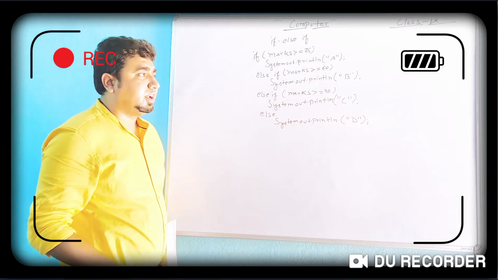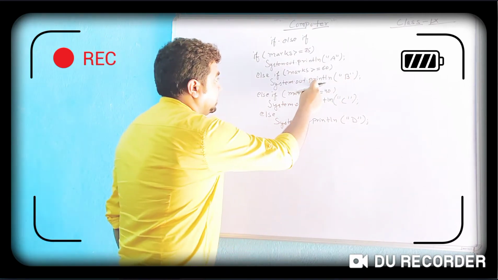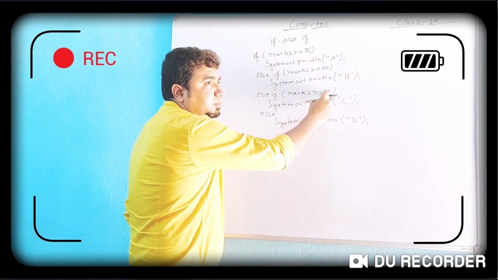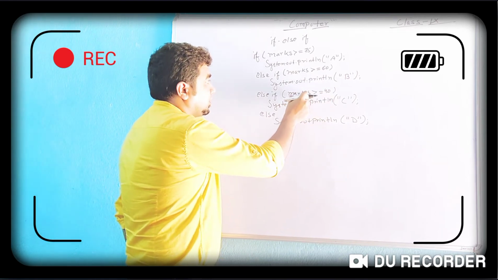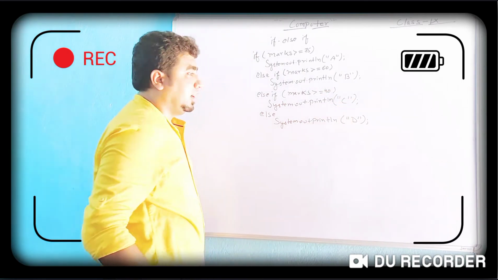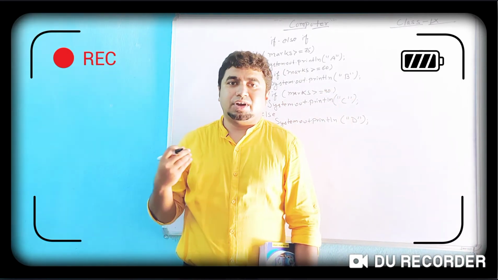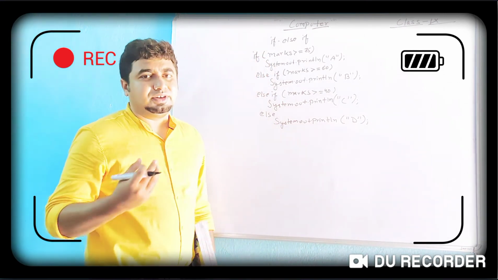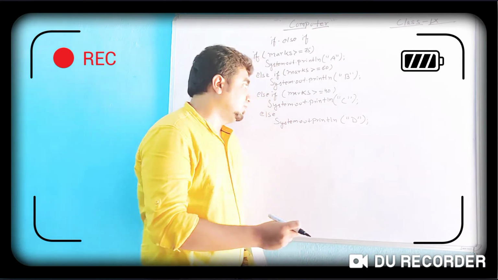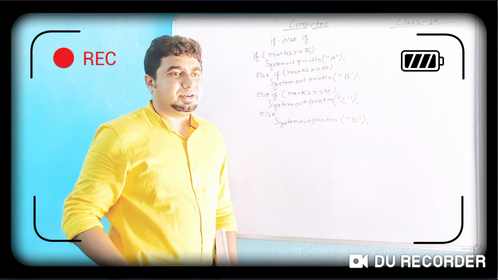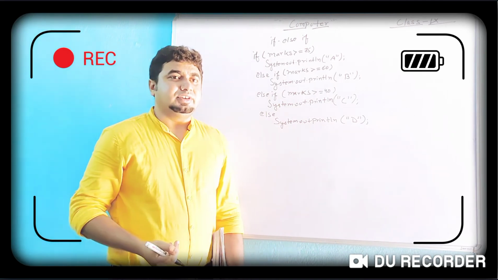If marks is 55, it is greater than or equal to 40, so C will be executed. Otherwise, if anyone is getting below 40, like 30, System.out.println D will execute. So D will be printed, grade value will be D here.